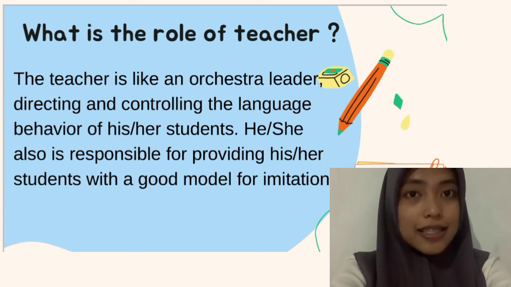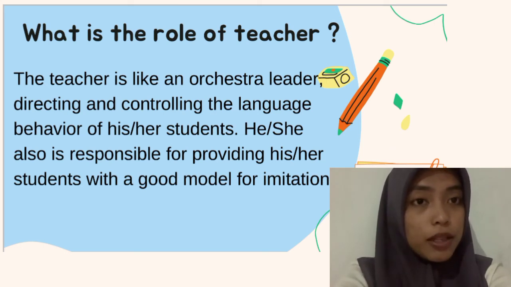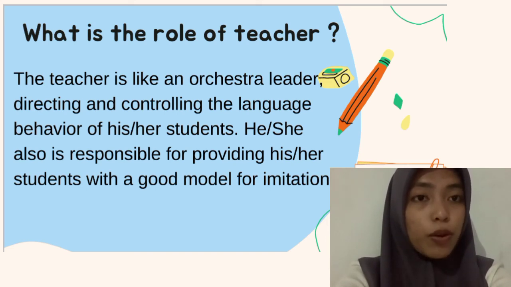Okay, next, what is the role of the teacher? The teacher is like an orchestra leader, directing and controlling the language behavior of his or her students. He or she is also responsible for providing his or her students with a good model for imitation.